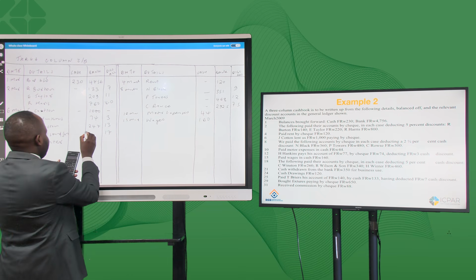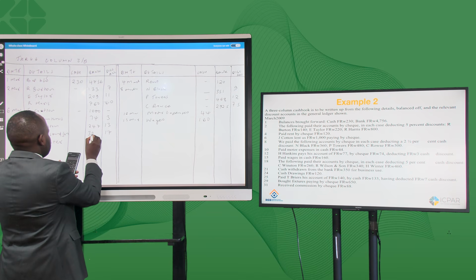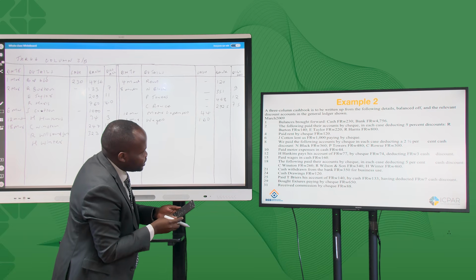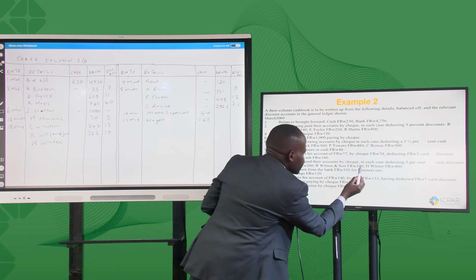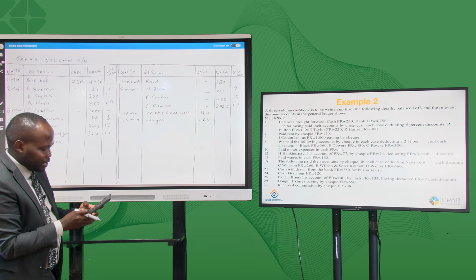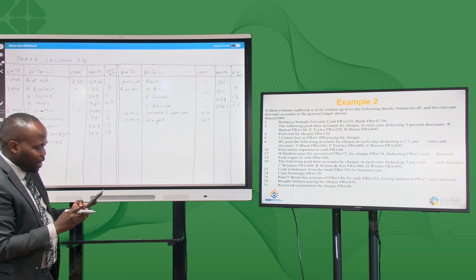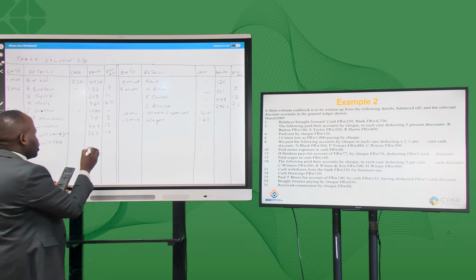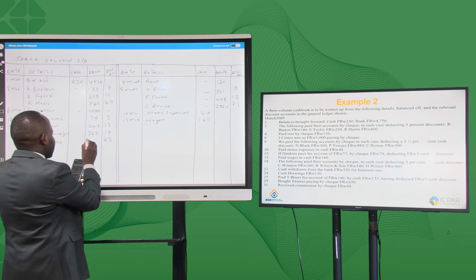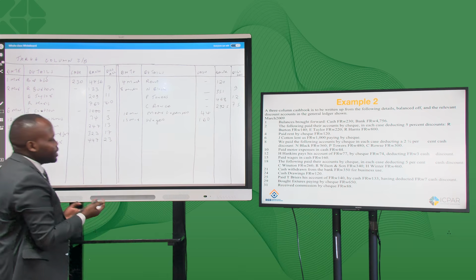And 340 minus 17 is 323. And then next, 460. 460 times 0.05 is 23. 460 minus 23 is 437. So we have posted that entry.